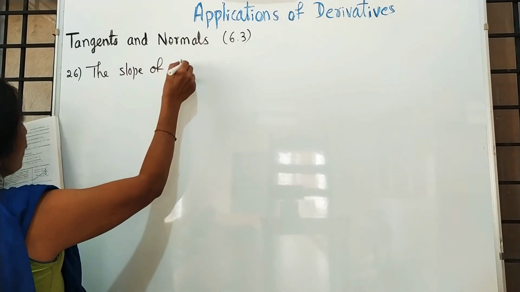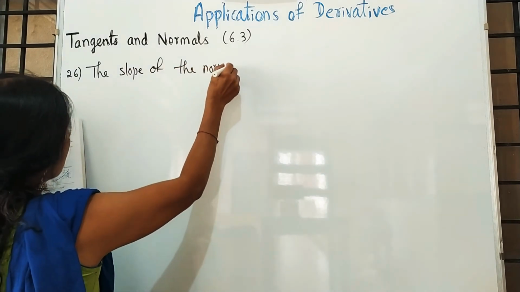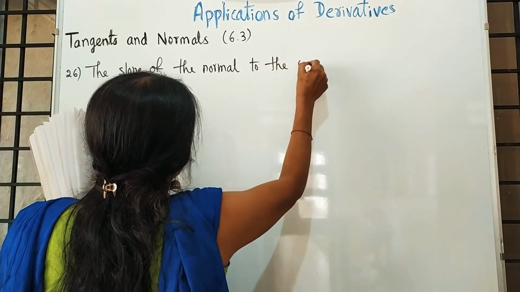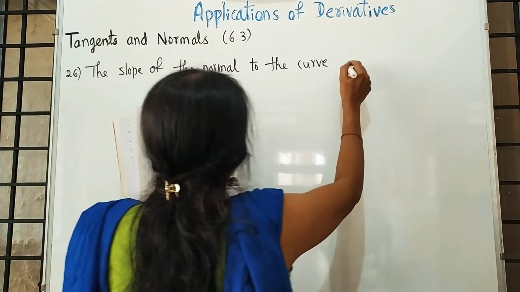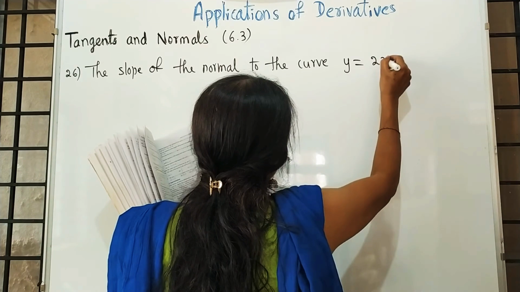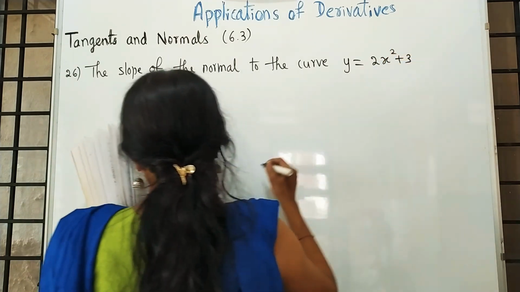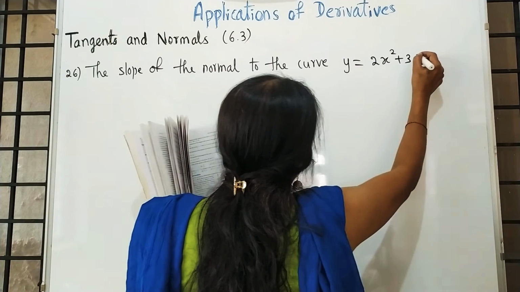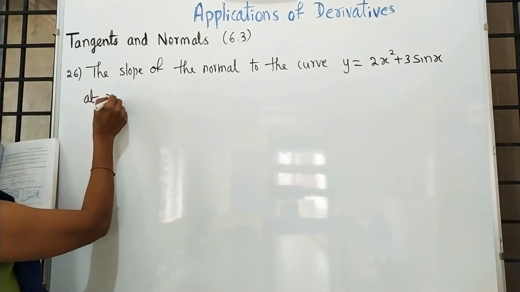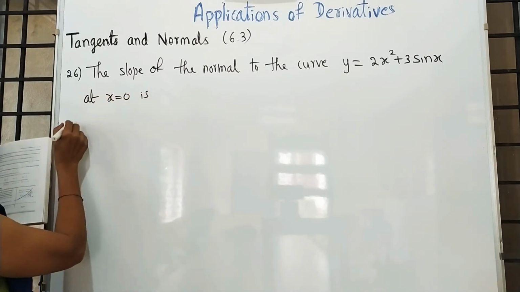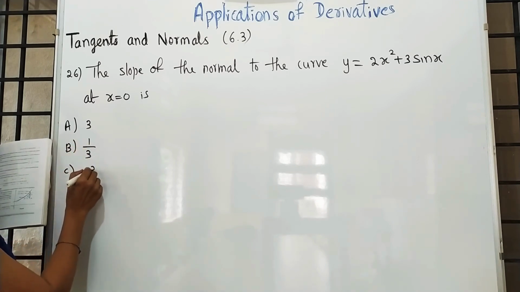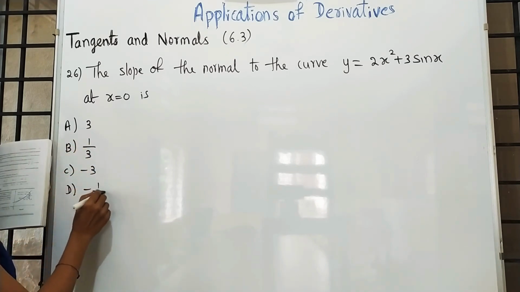The slope of the normal to the curve y is equal to 2x square plus 3 sin x at x is equal to 0 is first one 3, second one 1 by 3, third one minus 3, fourth one minus 1 by 3.